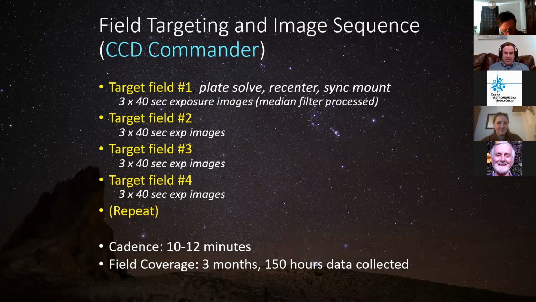You would keep the RA the same for the 4 images while you're changing the declination, so that it's easier on the telescope, especially when you get close to time to do a meridian flip. And so with this sequence, each star in the field will be looked at with a cadence of 10 to 12 minutes. The goal was to observe for 3 or so months, and the minimum goal was to have 150 hours collected for each field, and then the data to be processed.